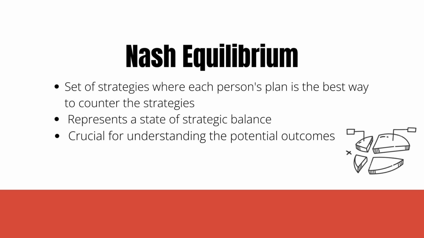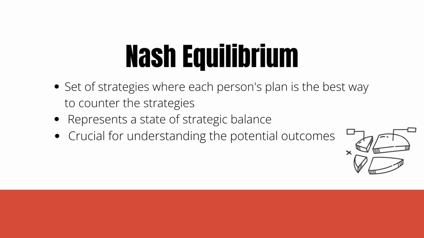Given the choices of others, reaching a Nash equilibrium is not always straightforward, as the interactions between players can be intricate and interdependent. Finding Nash equilibrium is crucial for understanding the potential outcomes of simultaneous games, as they represent stable points where players are unlikely to deviate from their chosen strategies.